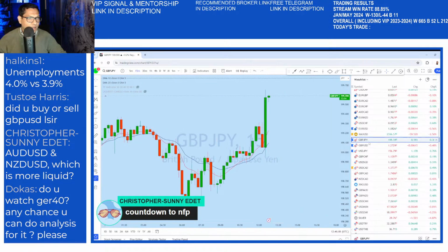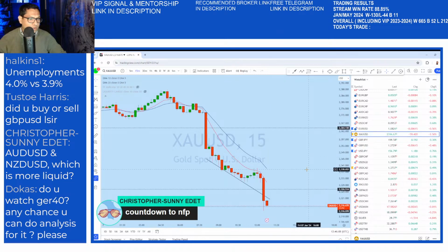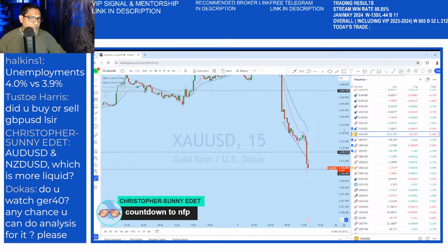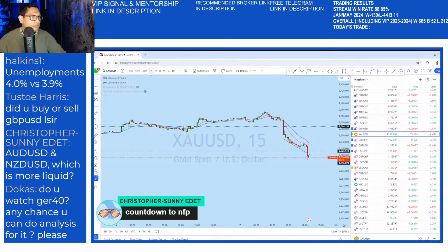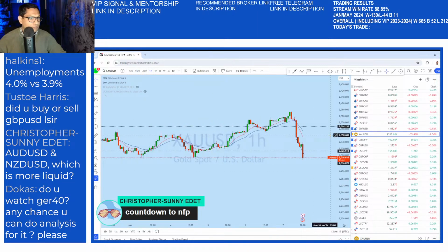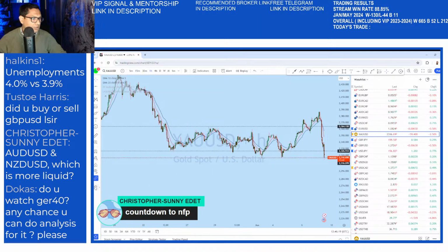GBP JPY bounce. Gold is still maintaining that downtrend.